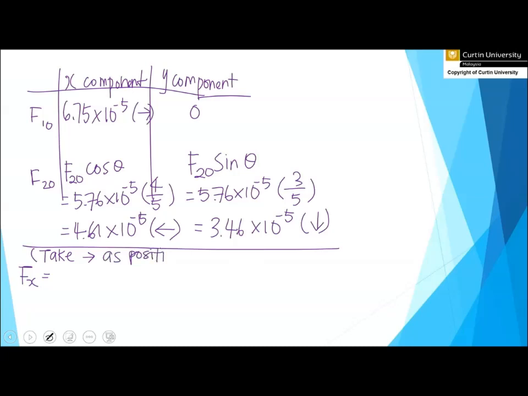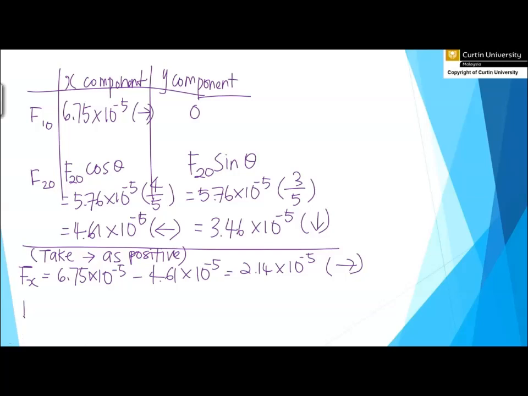So you have 6.75 times 10 to the power of negative 5 minus 4.61 times 10 to the power of negative 5, and that will give you 2.14 times 10 to the power of negative 5. Since it is positive, the direction is moving towards the right.